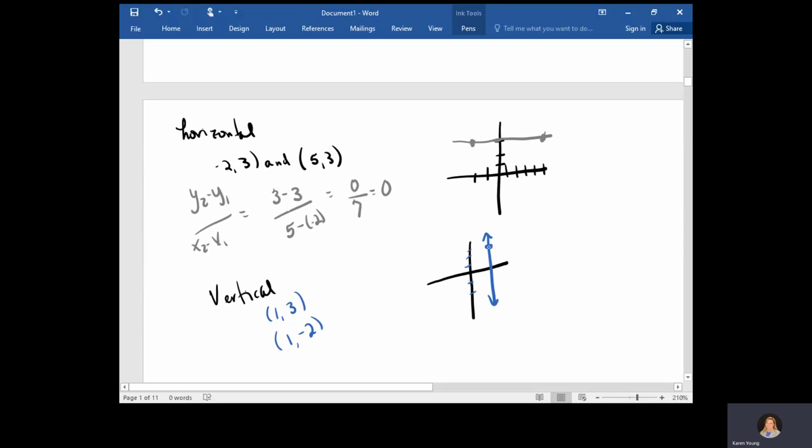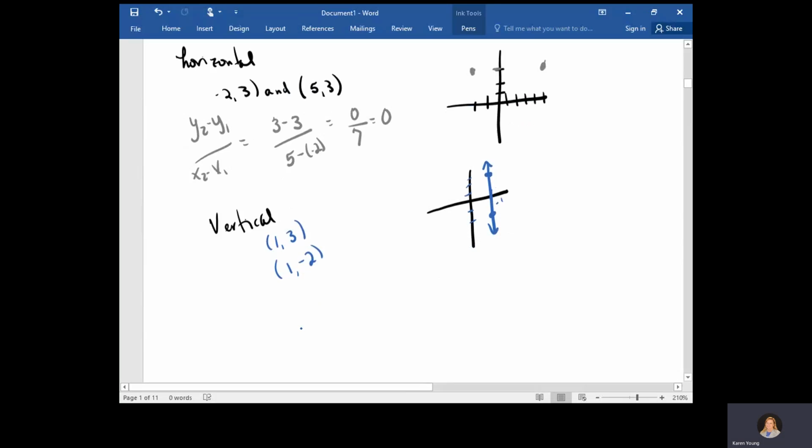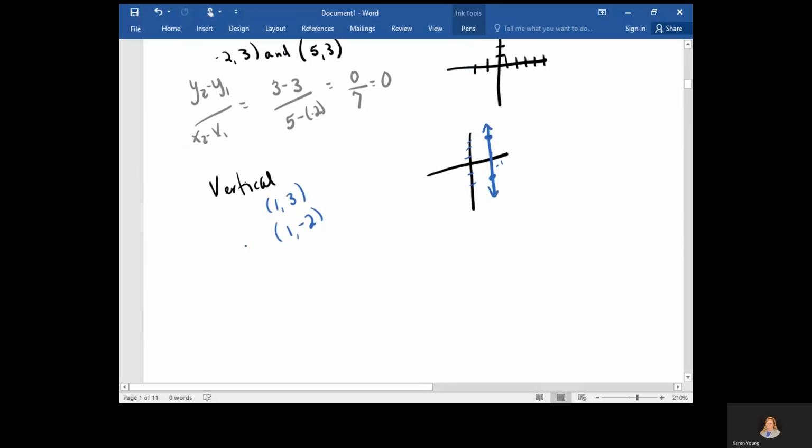So 1 and 3 would hit here, and 1 and -2 would hit here. This is sitting at +1. So my x's are the same. Then when I use my slope formula, the difference in y's, -2 minus 3 over 1 minus 1, I get -5 over 0. 0 on the bottom, it's always undefined.